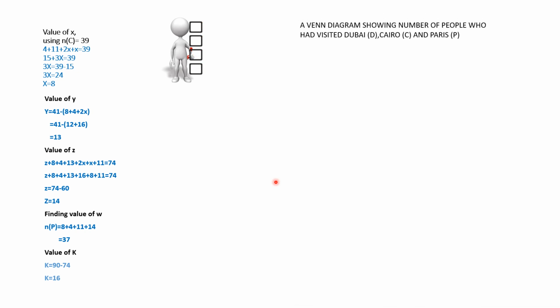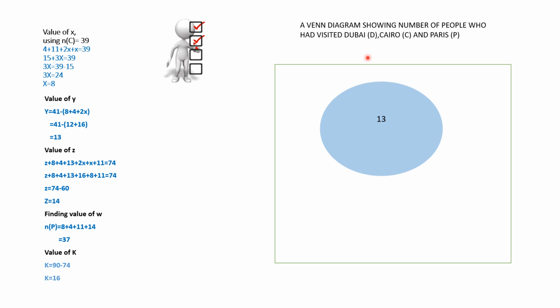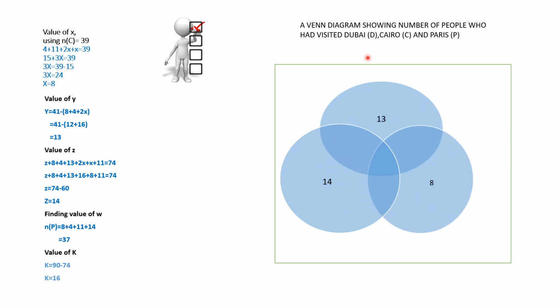And here is mine. Bring back your title as you see it, a Venn diagram showing number of people who had visited Dubai, Cairo, and Paris. So follow the procedures of drawing the overlapping circles, enclosed in a rectangle, well drawn using a pencil and a ruler. You must be neat and organized in mathematics. So here we are. Let me fill them.